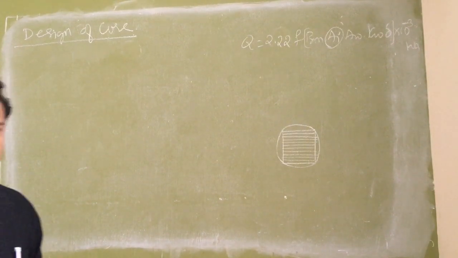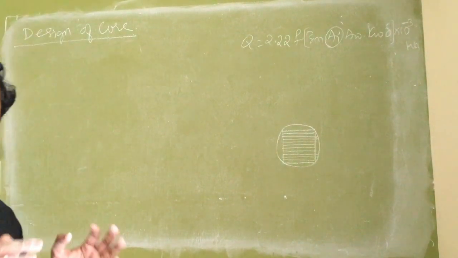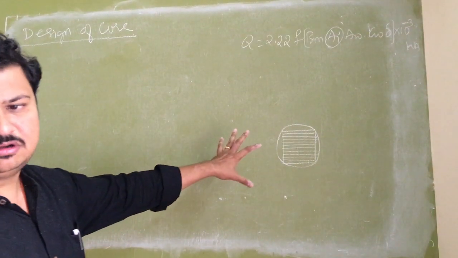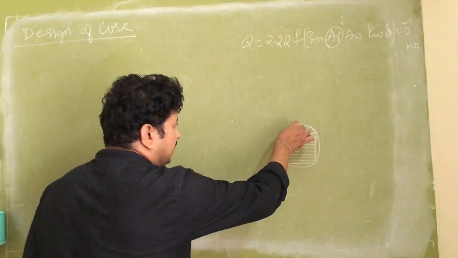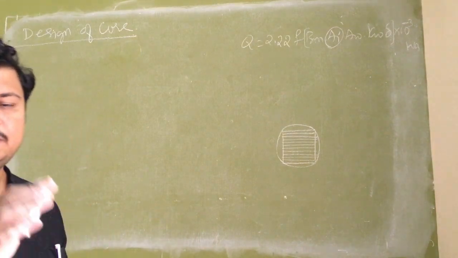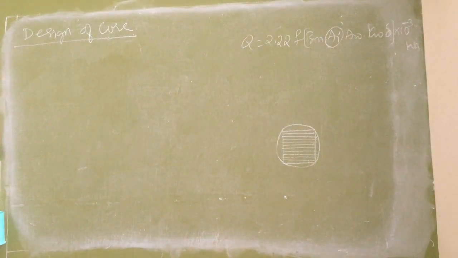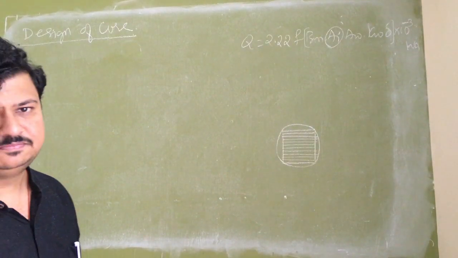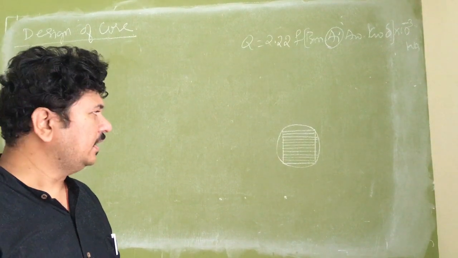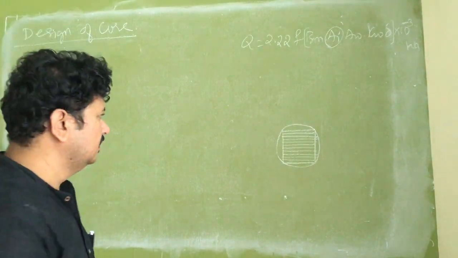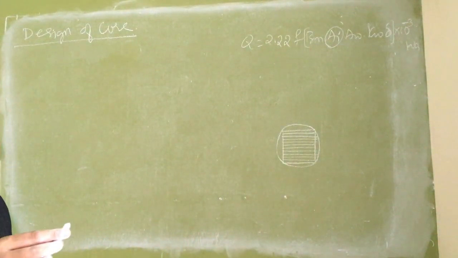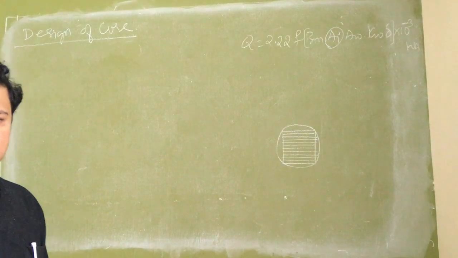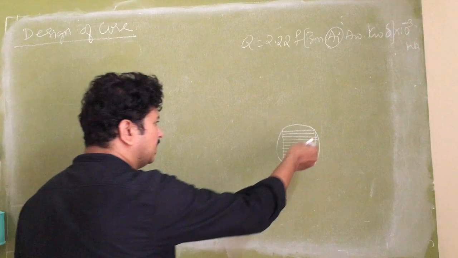While choosing the shape of the core, the area of the circumscribing circle should be fully utilized by the core cross section. Why does it have to be fully utilized? Because this is the core, and this is the circumcircle formed either by the insulator paper or by a solid former. The winding will come above this.